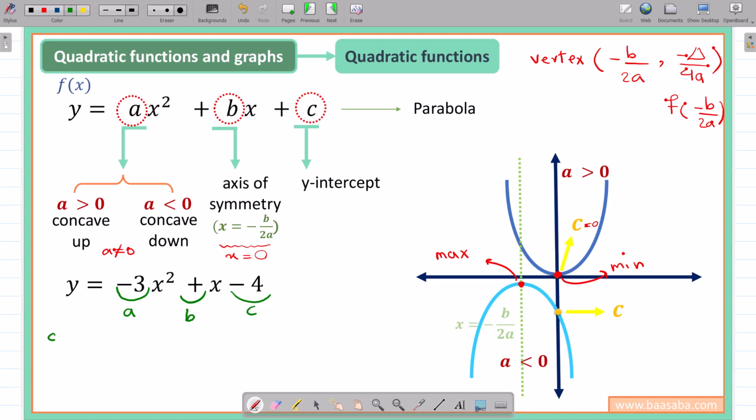So a is less than 0 because it is -3. So our quadratic function is concave down, so it's going to have a maximum. And c is -4. This is our y-intercept.